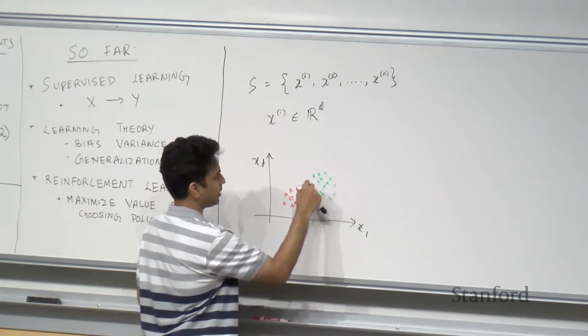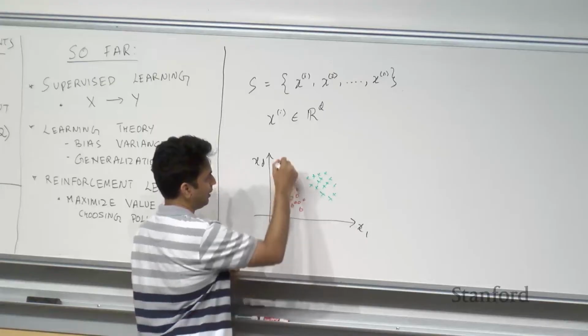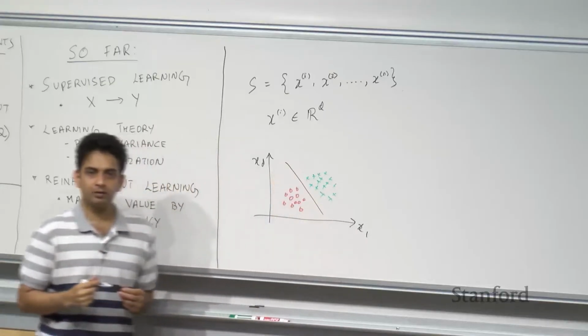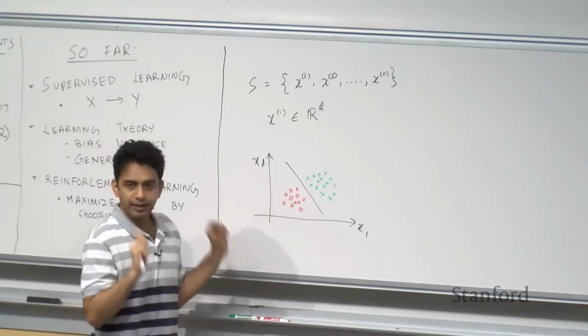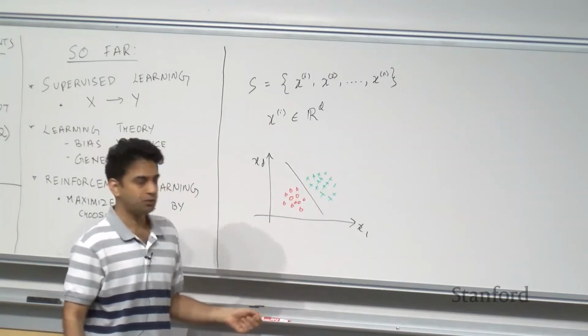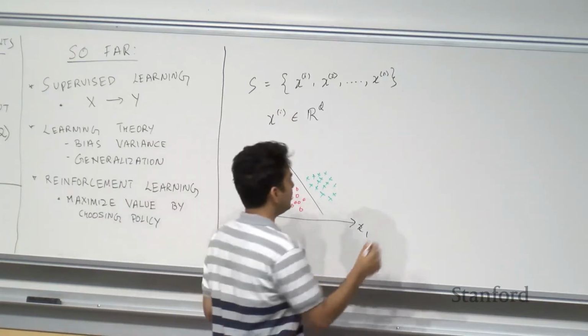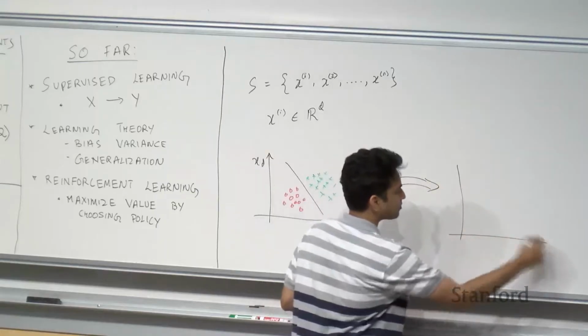We were given a data set like this, and our goal was to find a separating hyperplane, right? This is supervised learning because we are given the correct answer, that is the color of each point along with the point itself, right? Whereas in the unsupervised learning, the problem would translate to something like this, right?